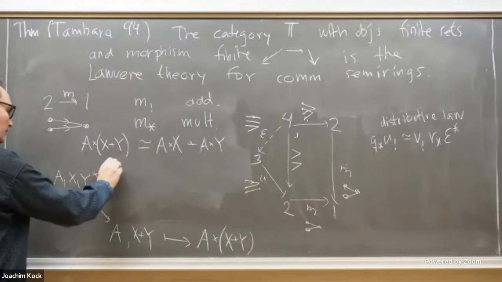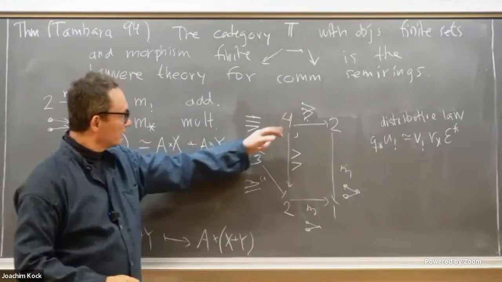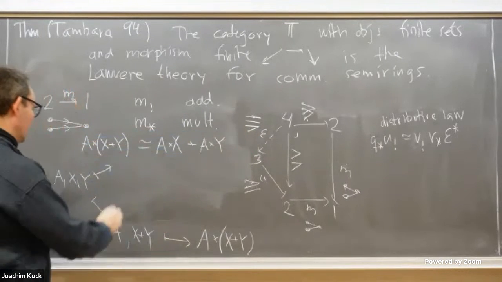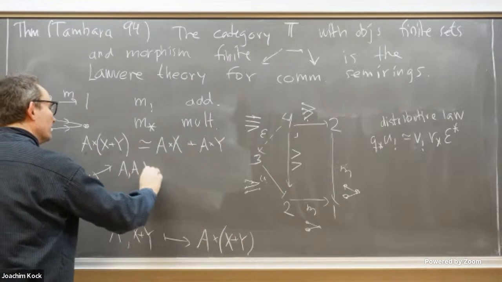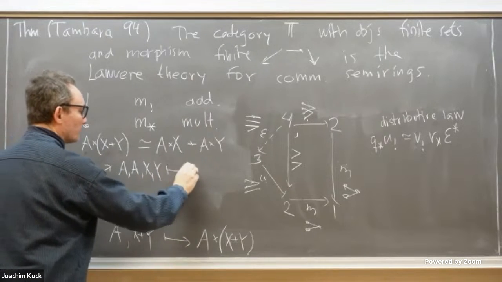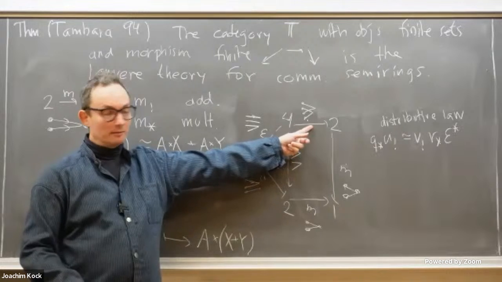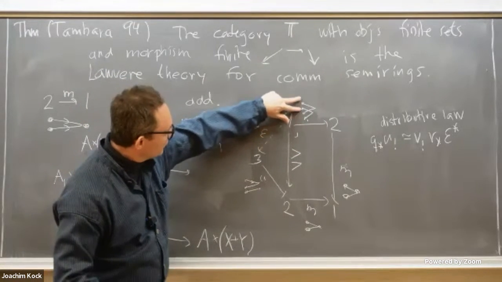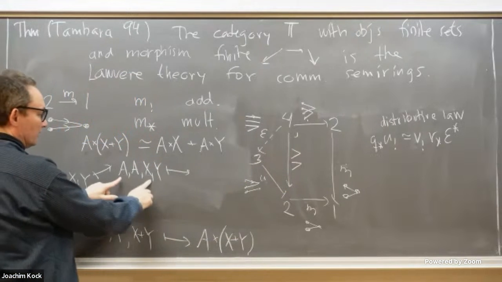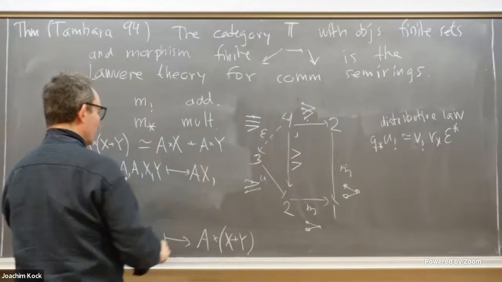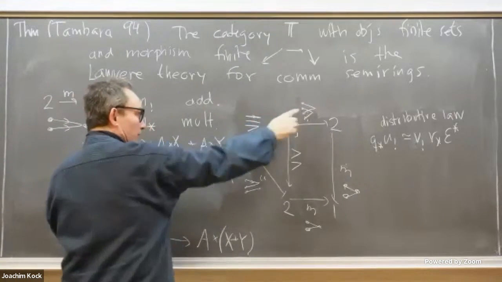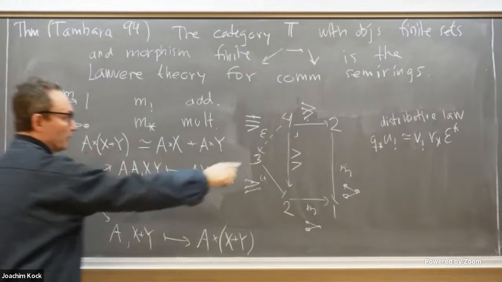The other way around, first we do a pullback, which has the effect of duplicating the first variable. So we get A, X, Y. This is a lower star operation, so we are multiplying in this crossed over way. That means that A goes to X and the other A goes to Y. That's what this one does when you use it with a lower star.